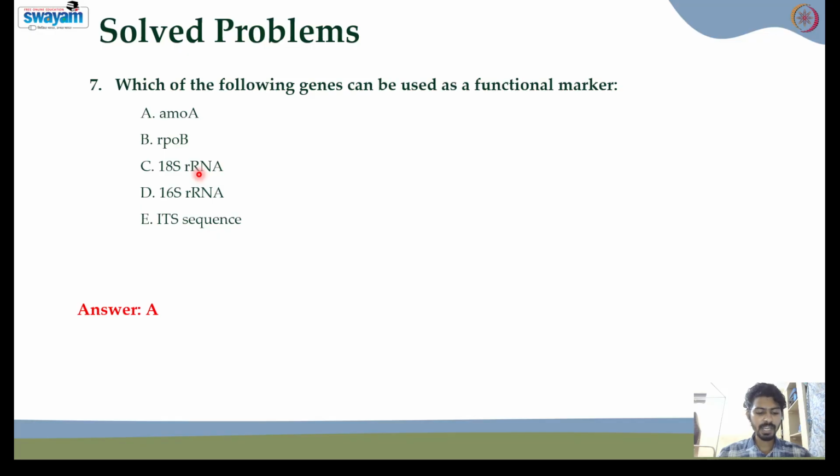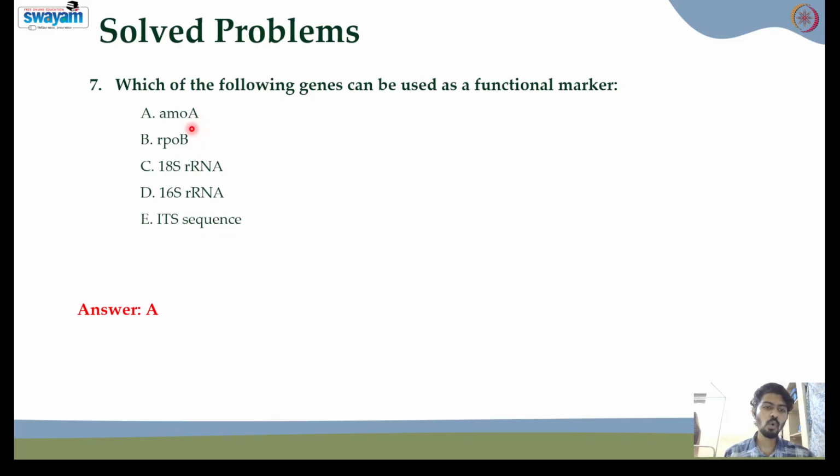Again, it is not directly linked to a specific function as we have seen in AMO-A. It is primarily used for phylogenetic analysis and determining bacterial diversity. And the ITS sequence is also a taxonomic marker used for fungal identification. So again, this is not a functional marker as we saw in AMO-A. So among these statements, AMO-A is the functional marker.